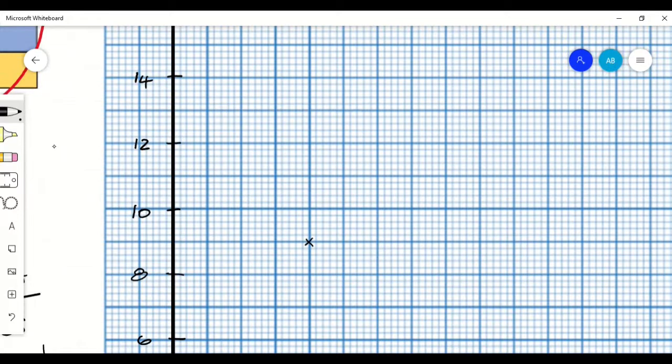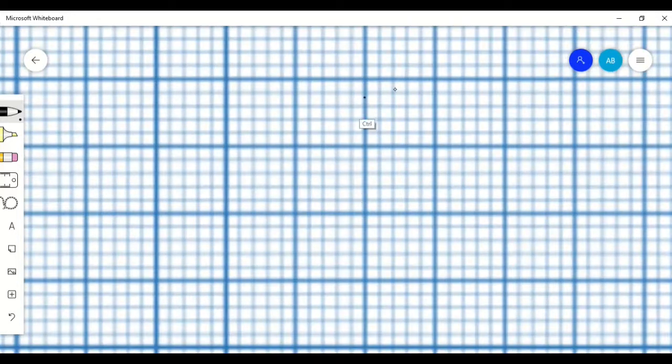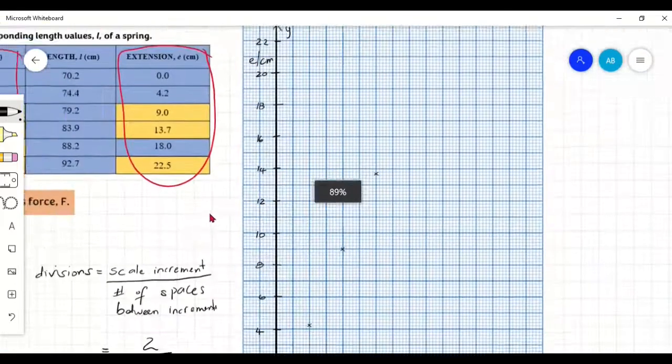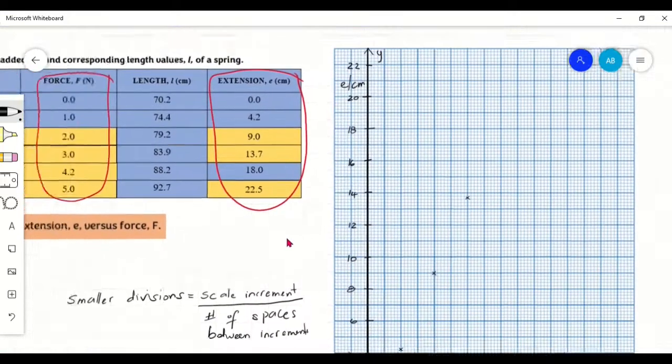So let's go now, 13.2, 13.4, 13.6. So 13.7 would be right in the middle here. Good, so you make sure you put it right in the center of the space. Now continue.